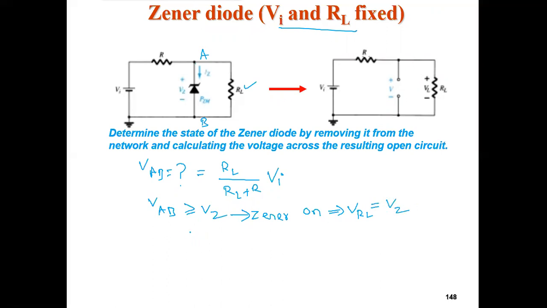Else, if it is less than VZ, then the Zener is off, which implies VRL equals VAB. This is the main thing we have to remember in Zener diode problems. This Zener diode problem is also an important topic, and most of the time it is asked as a question.